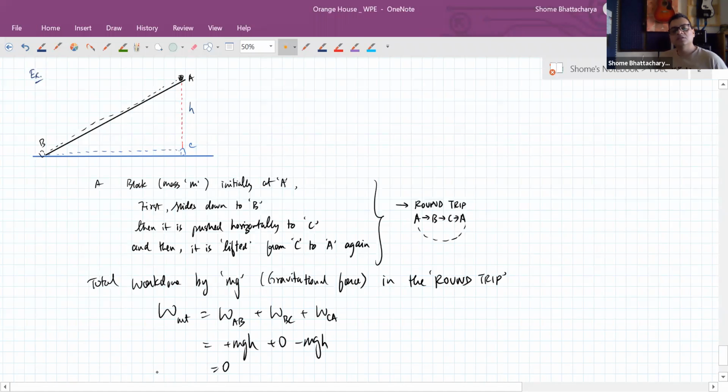So the net work done is 0. So you can see that work done by mg in the round trip is equal to 0 because it is a conservative force.